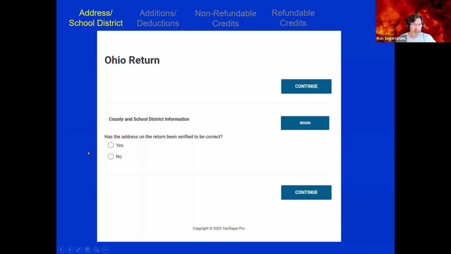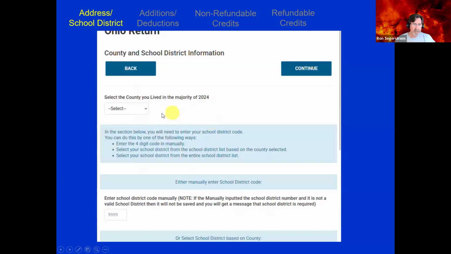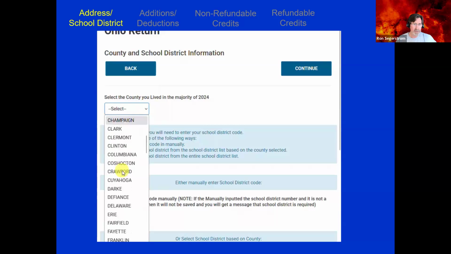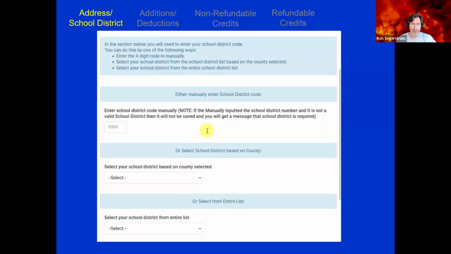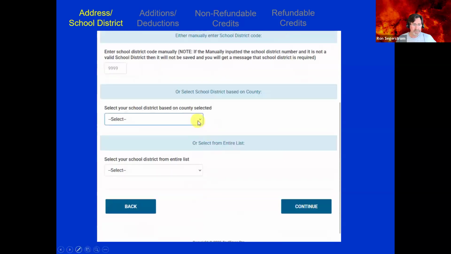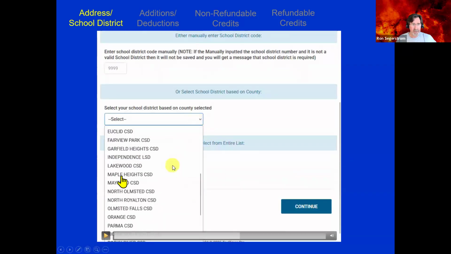So how do you do that? You put in the client's information, and then one of the next screens you toggle to is the Ohio return. You're going to begin to verify the school district. You select the county that they're in, which is pretty much Cuyahoga. Then you can select the school district, or this is where you put that code in, 1809 for Cleveland Metropolitan.